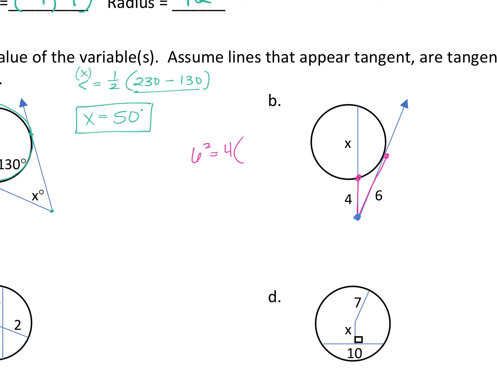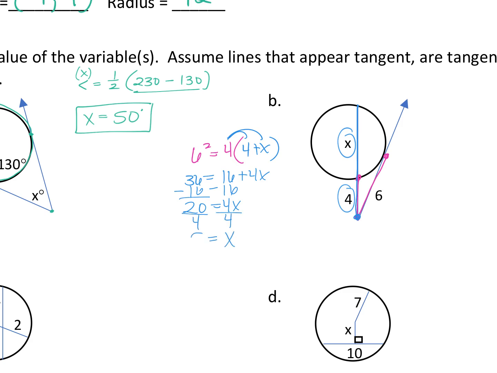And then from the point to the other side of the circle, the length of that segment is 4 plus x. Okay, so this is 36 equals 16 plus 4x. Take away the 16. You get 20 equals 4x, divide by 4. So x would be 5.